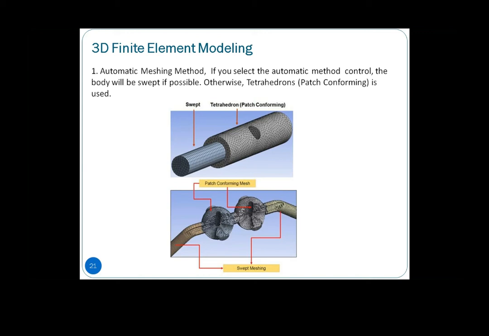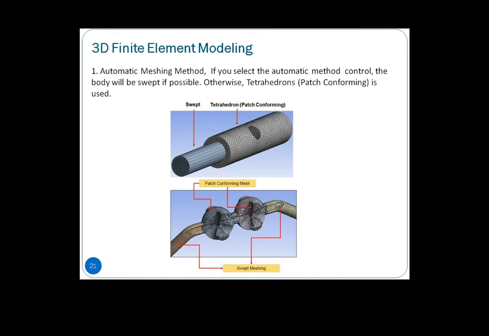So it starts with that. Otherwise, if it cannot be swept, then probably it uses tetrahedron. So it's a combination. If you use automatic, it starts by finding whether your body is sweepable or not. If it is swept, then you discretize using hex elements.